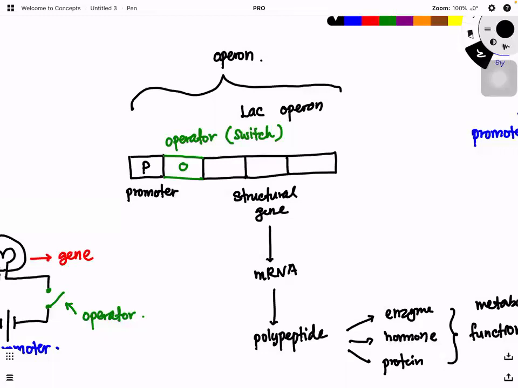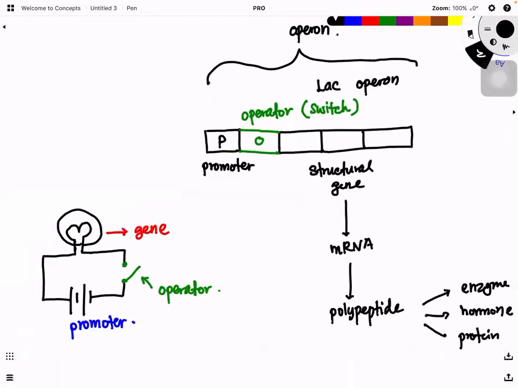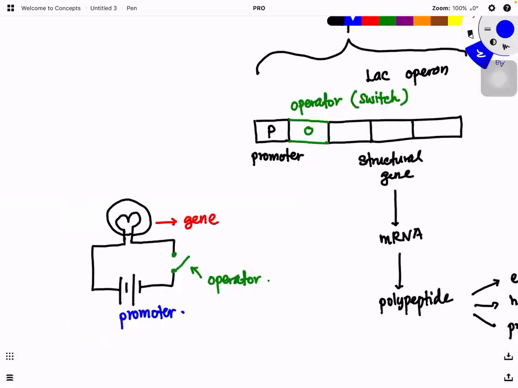Okay. Now, most of the time, in order to have these effects onto the operator, in front of the structural genes, you can see that we have a regulatory sequence. Dotted means that we don't care what the sequence is, but you can see that you have this gene we call a regulatory gene.